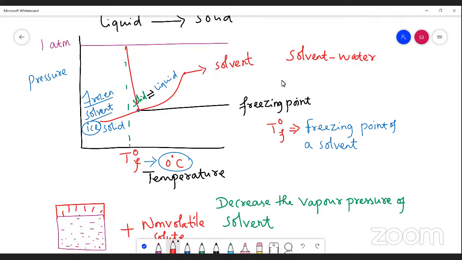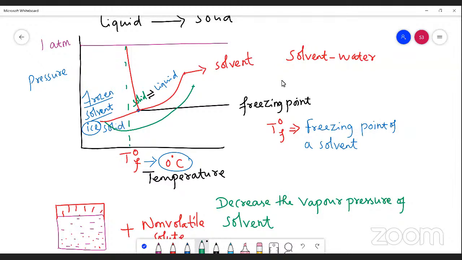Now the second graph, when I draw the graph for the addition of a solute to the solvent, is showing like this. This is a graph for a solution.